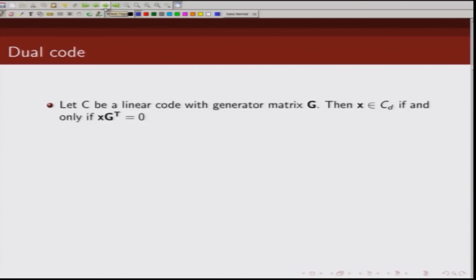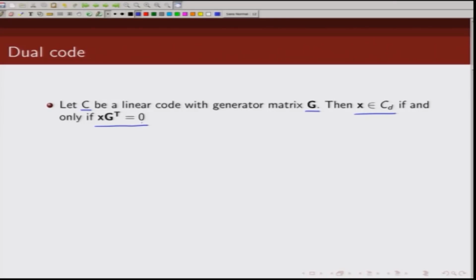The next property that we are going to show is this: if we have a linear block code, which we denote by C, whose generator matrix is given by this capital G, and if X belongs to the dual code of this original code C. The claim that we are making is, if X belongs to the dual code, then this relation holds, and if this relation holds, X belongs to the dual code.